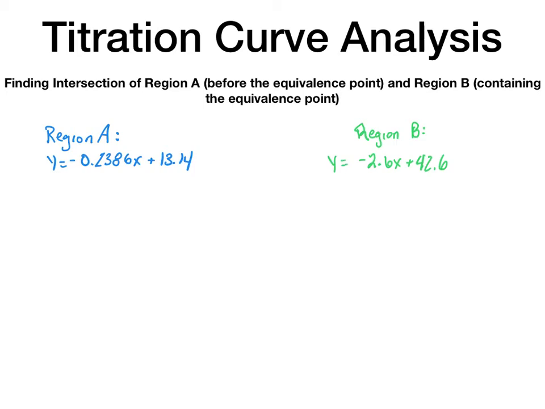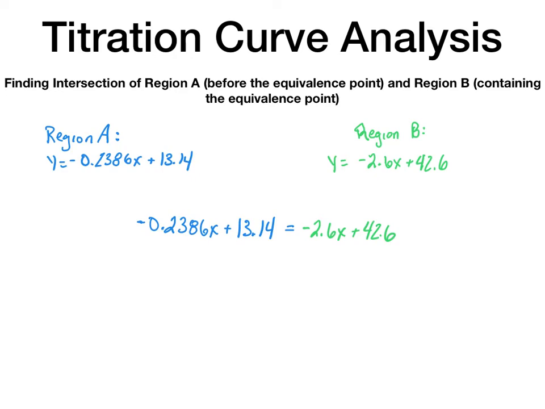So in order to find the point of intersection, the point of intersection is where the x and the y values for these two lines will be equal to each other. And so what I can do is set these two equations equal to each other. So I have negative 2.386x plus 13.14 equals negative 2.6x plus 42.6.